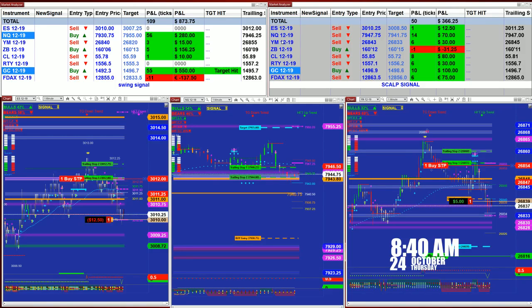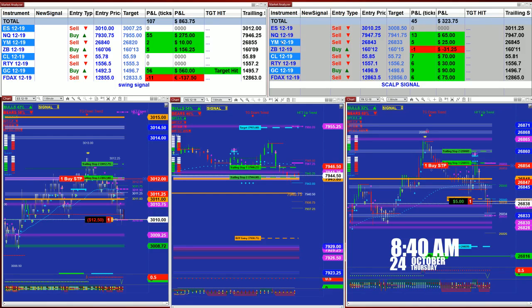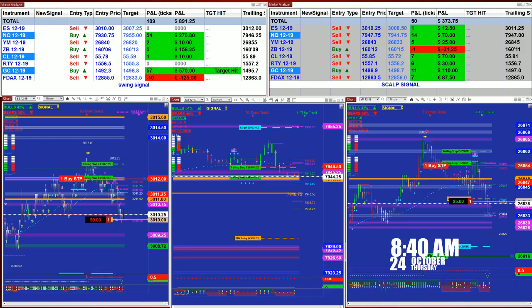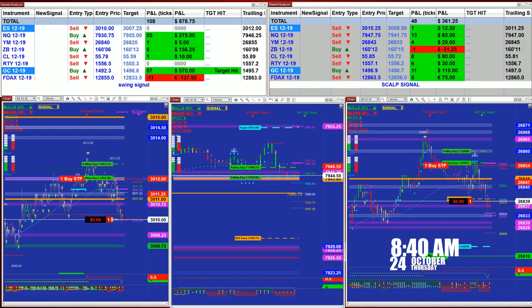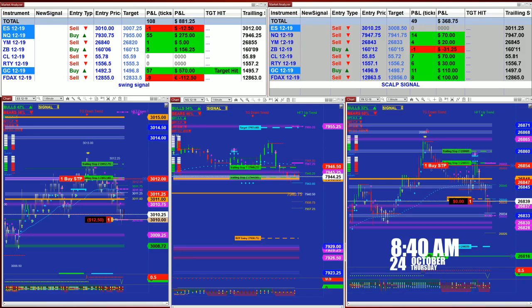Lately, we've been experiencing a very good trend between 8 o'clock and 9:30, and then the market gets into chop at 9:30 when the market opens, and then it starts smoothing out around 10:30, 11 o'clock. So I hope today it will not be the case, and it will be a smooth ride all day long.